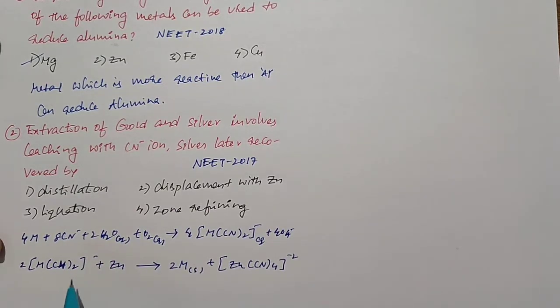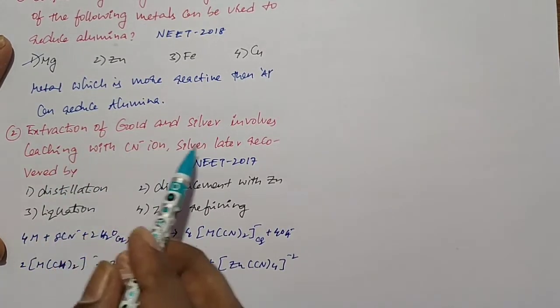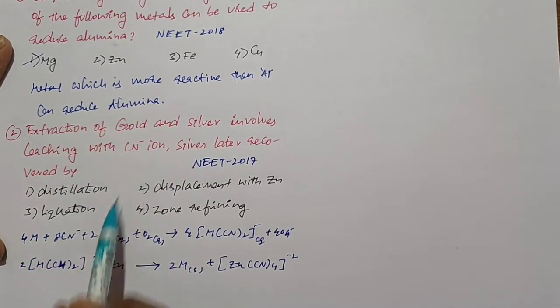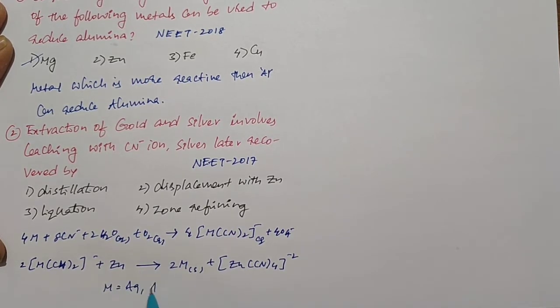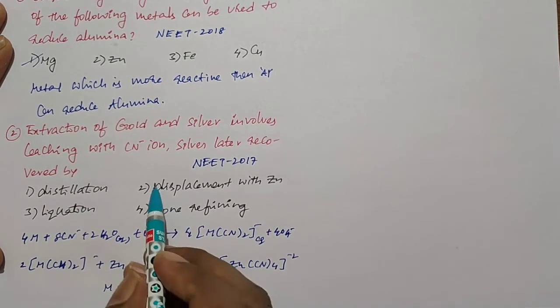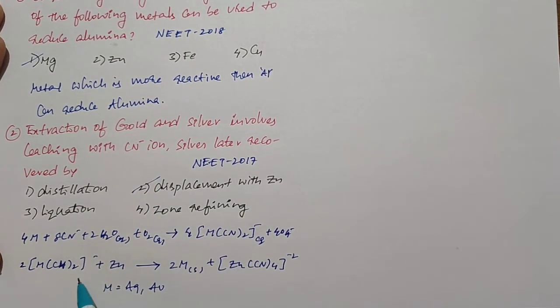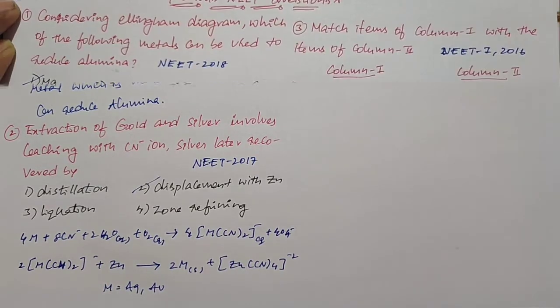When you observe these two equations, the question asks: extraction of gold and silver involves leaching with the cyanide ion. First it reacts with the cyanide ion and forms the complex ion. After that, this complex ion reacts with zinc metal, so it can give the silver or gold. Here M means silver or gold. So the right option is displacement with zinc. The second step, the displacement reaction, involves zinc. That's all. This is the next question.